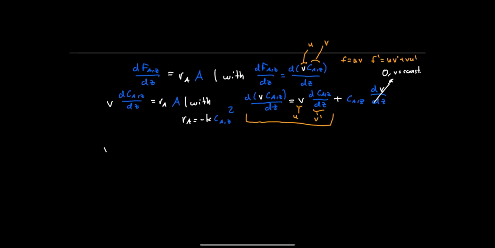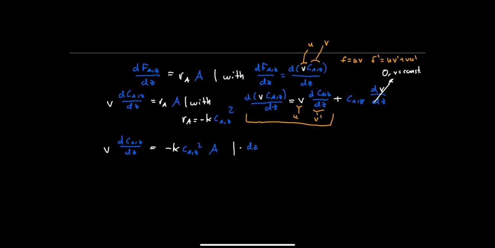So the volumetric flow rate times the change of the concentration of the species A at position C with respect to C is going to be equal to negative the rate constant K times CAC squared times A. So in the next step we want to separate the variables. So dCAC and dC we want to have on different sides of the equation.